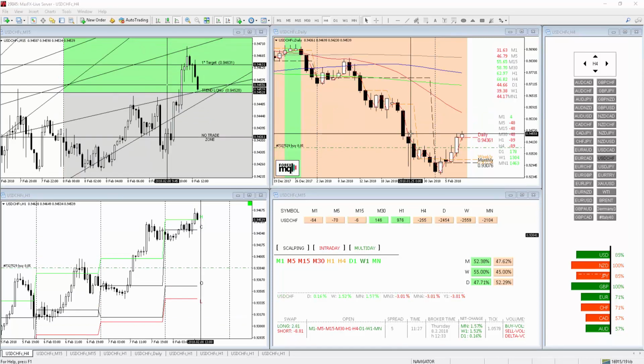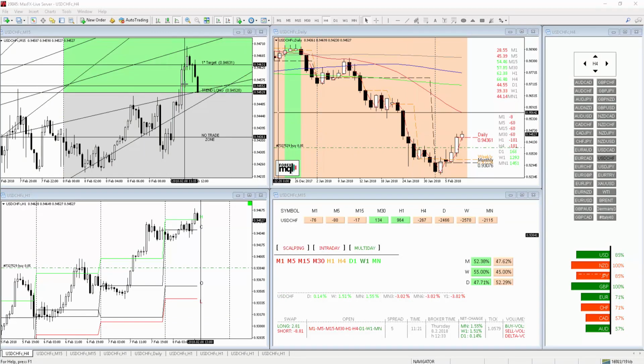US dollar Swiss franc is moving in a slight bullish tendency, correcting down from the daily high marked at the intersection between 0.9469 and the daily fan, which I'm indicating. Now the market is on the entry level of the bullish zone of the target geometry at 0.9452. We have in fact a bearish price action at a scalping and intraday level, but the pair is still gaining 0.14%, and we have a bullish percentage confluence up to the monthly level.